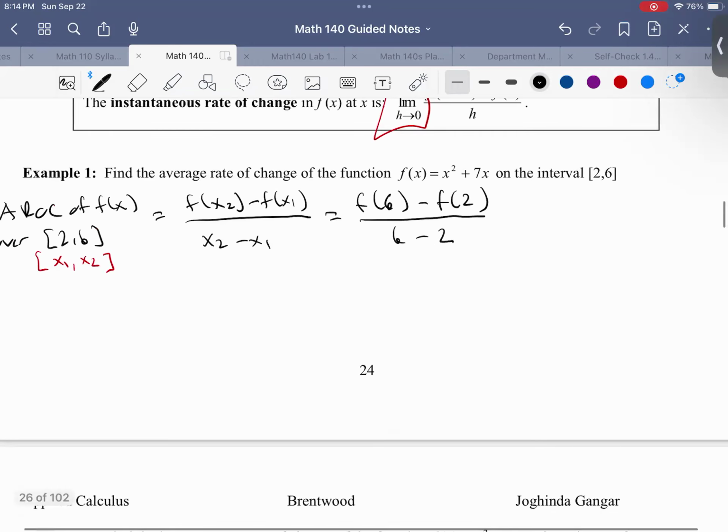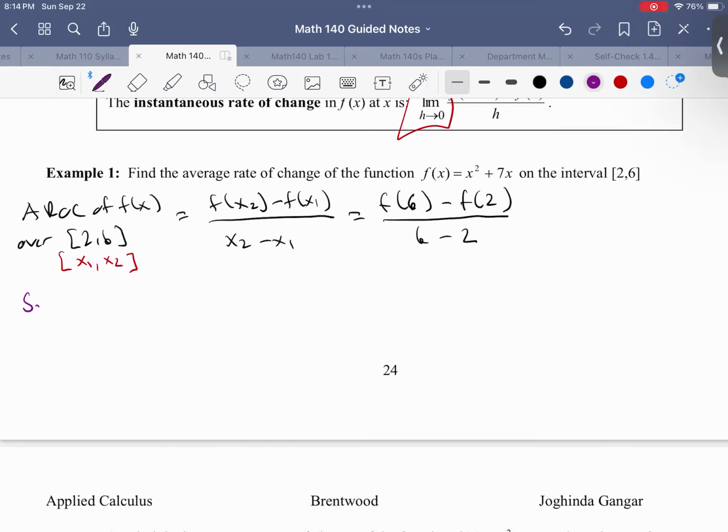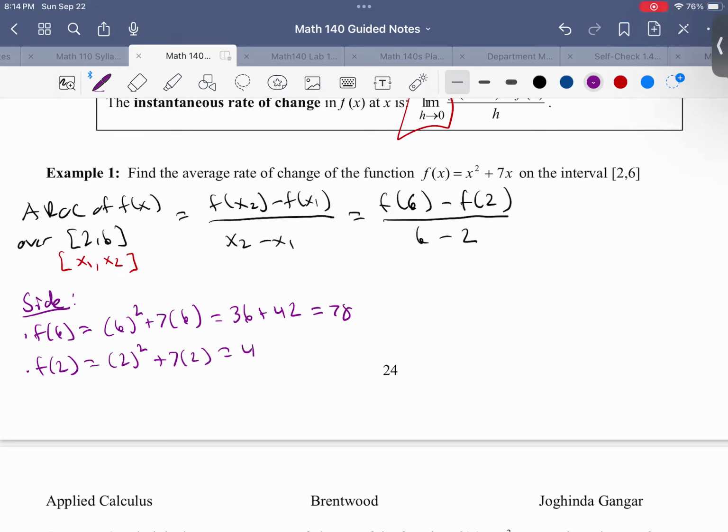So let me just go off to the side here and write f of 6 equals 6 squared plus 7 times 6, which is 36 plus 42, which is 78. Okay, and f of 2 is 2 squared plus 7 times 2, just 4 plus 14, which is 18.